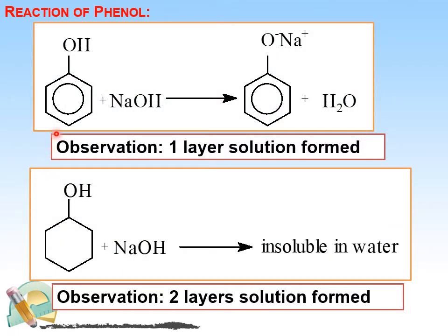As you can see here, phenol reacts with sodium hydroxide to produce a one-layer solution, whereby the product is soluble in water. But if we use cyclohexanol, it is not going to be soluble in water. Therefore, the observation is 2 layers of solution will be formed.